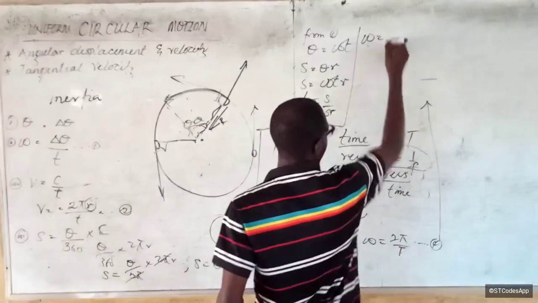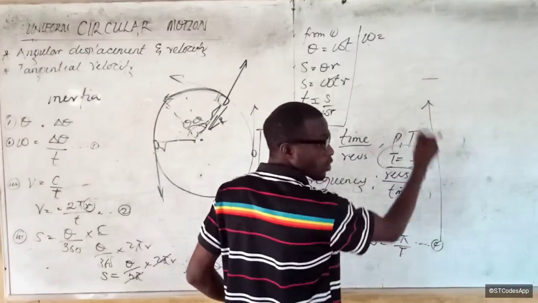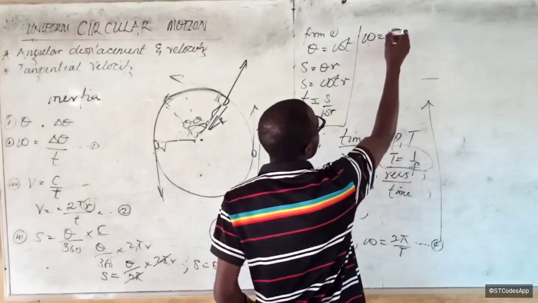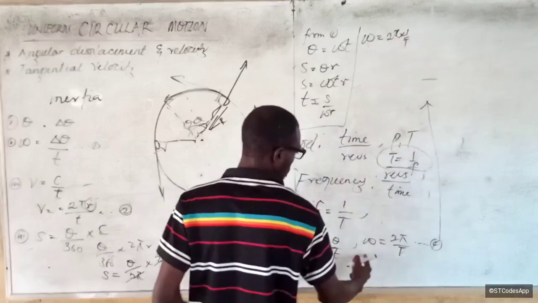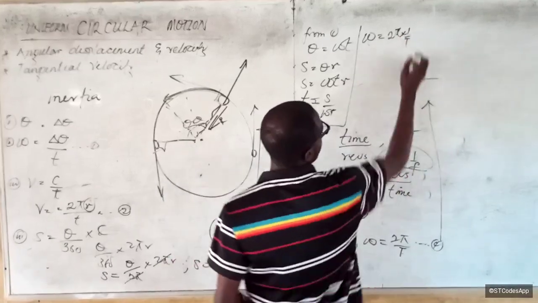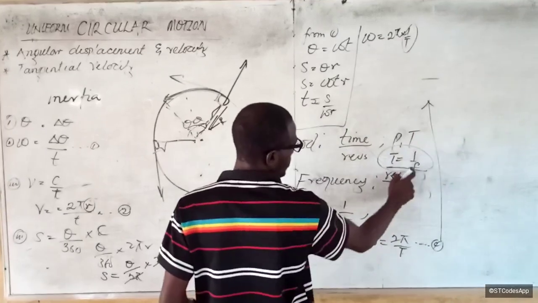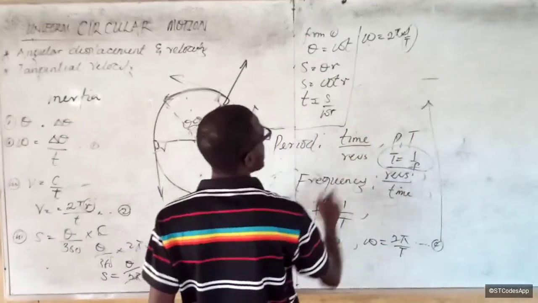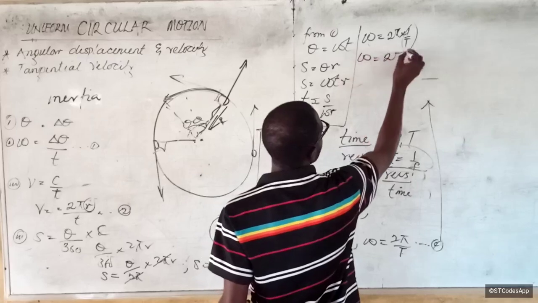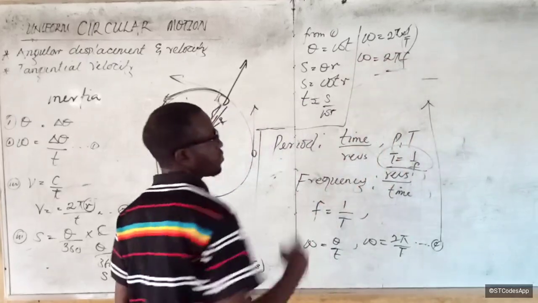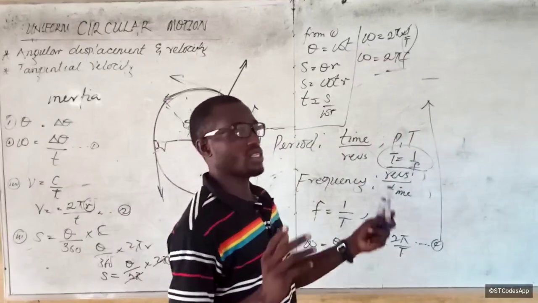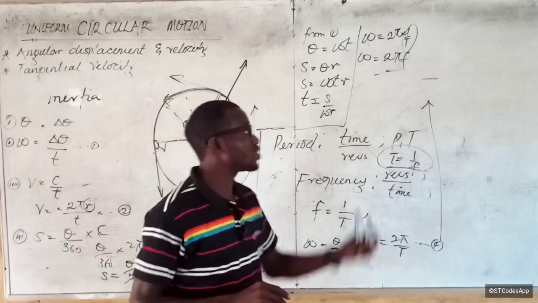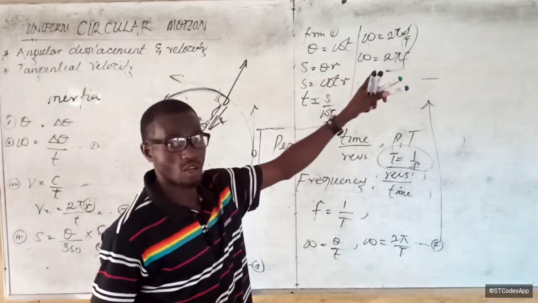So omega is therefore equal to 2 pi times 1 over t, and 1 over t is f. So omega can therefore be 2 pi f. So that's where that formula comes from. In the next video, we're going to be talking about simple harmonic motion, where we need to understand where all of this is coming from.